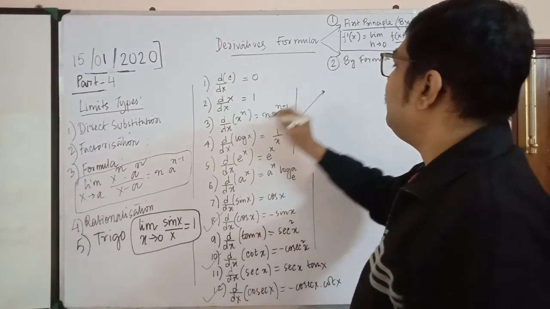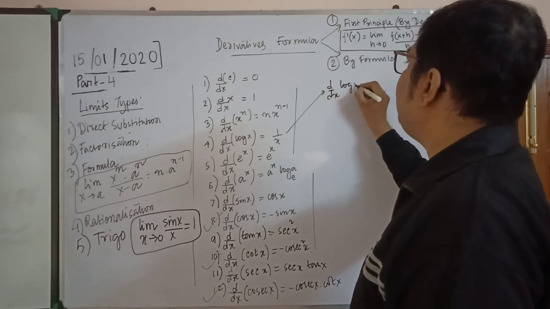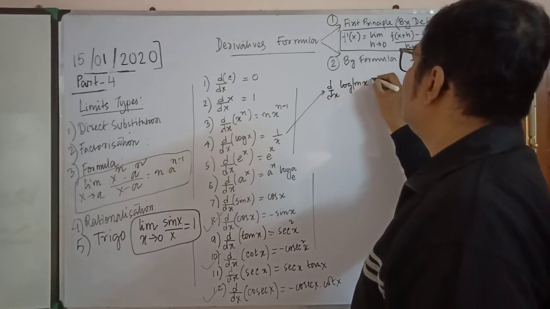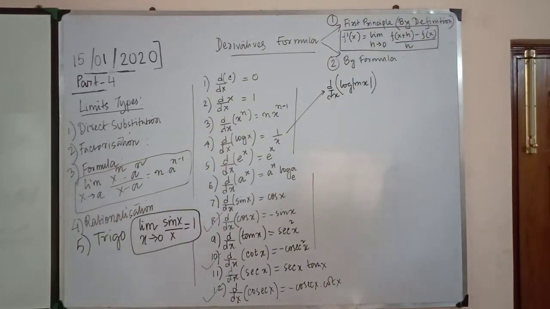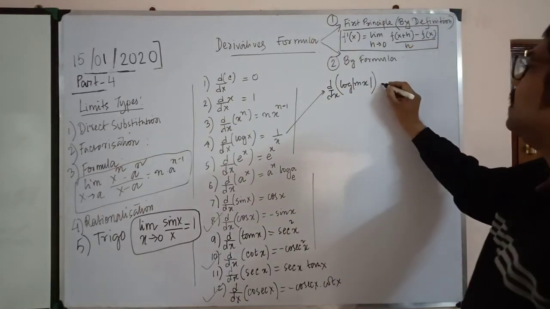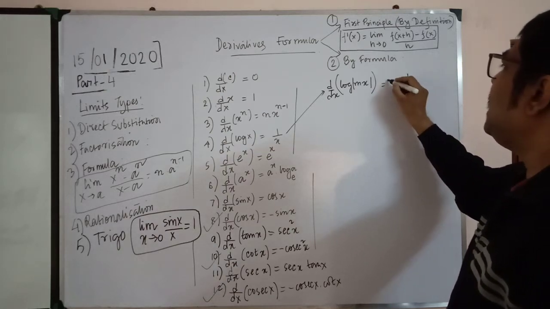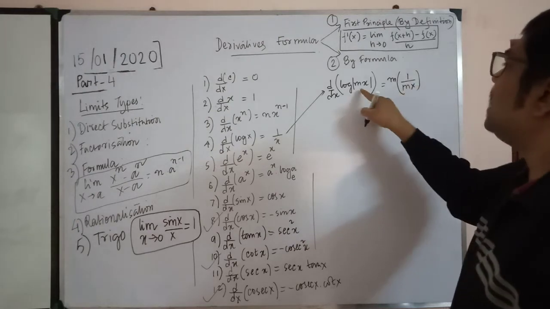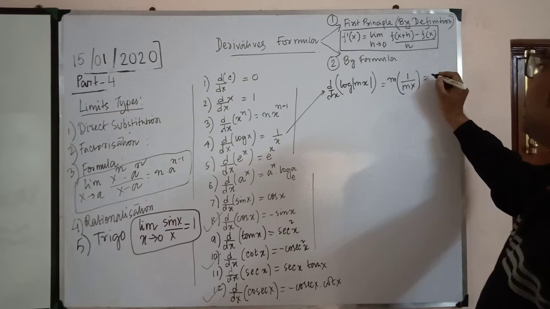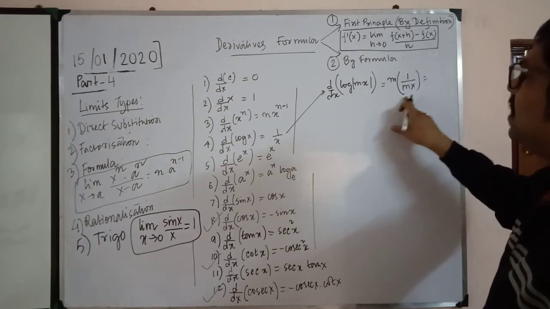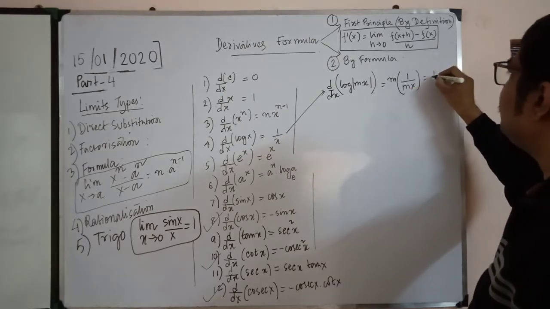Say in formula number 4, instead of this, if I write d/dx of log mx, then it will be 1 by mx, only m will be written outside because m is there with the x. So whatever log function is there, the reciprocal will come, so it will become 1 by x.